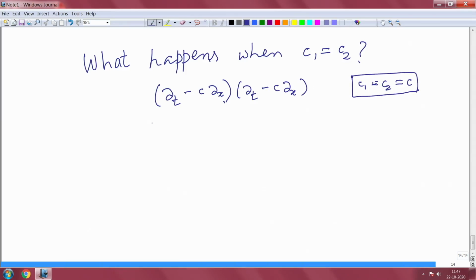So, this we write as (del t minus C del x) squared. Okay, this is the operator. So, this is also a second order operator. But now there is only one real characteristic.